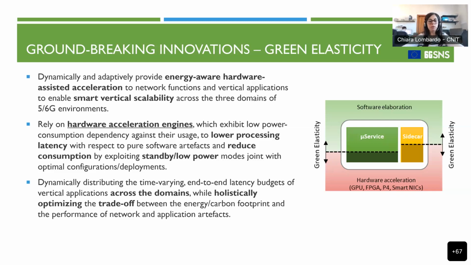But also the idea is that of distributing the latency budget of verticals across the domains in a way that can holistically optimize the trade-off between the energy footprint and the performance of these applications.